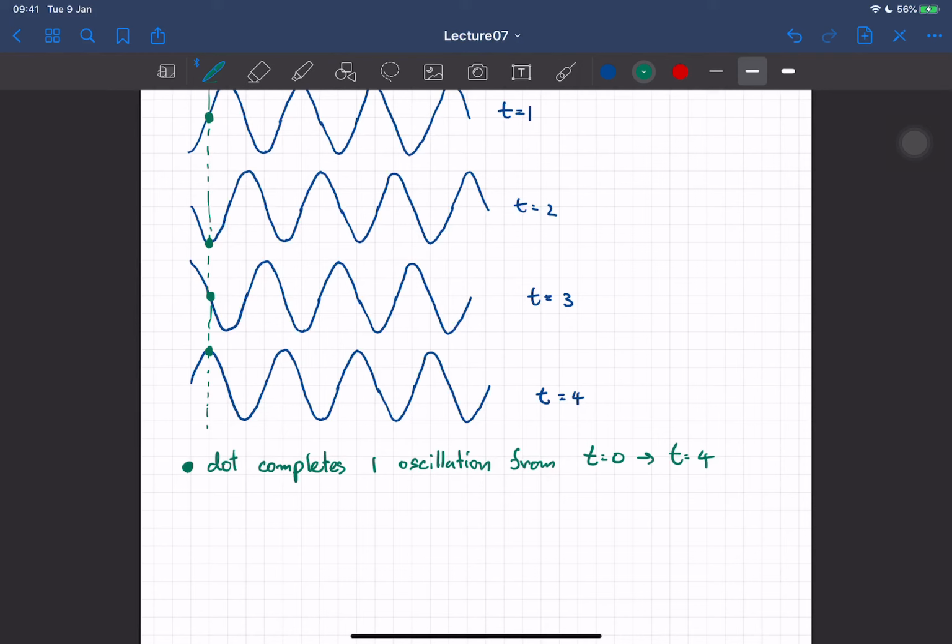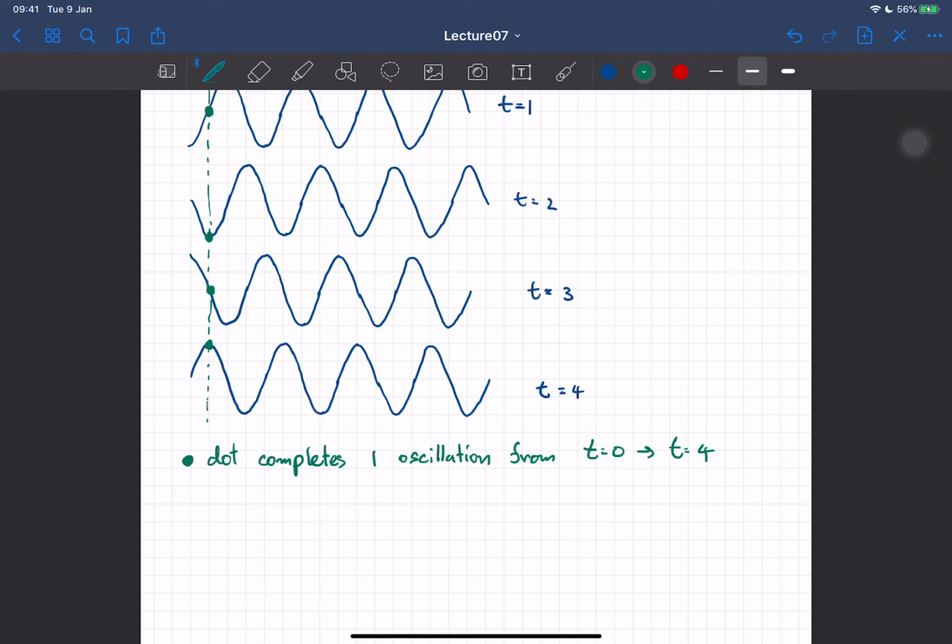And how long does it take to complete one oscillation? Well, last time we had a special term for that, right? That's what we call a period. Okay, so to complete one oscillation, the time taken is exactly one period, or 1T.